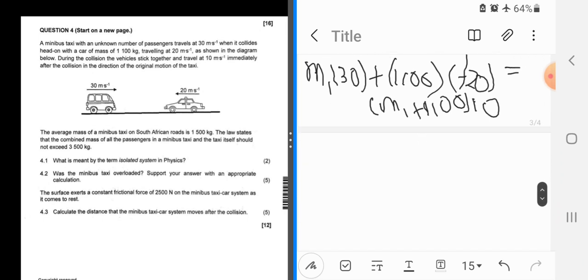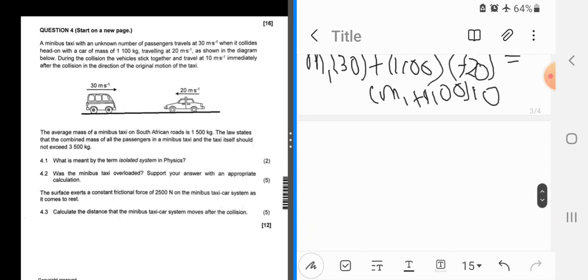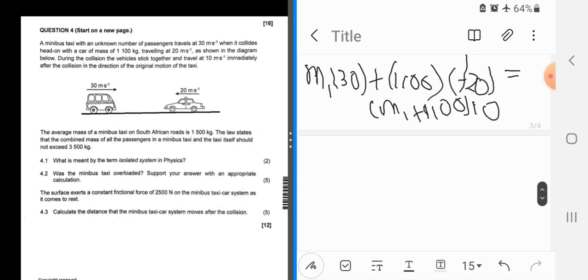I'll show you on the memo, because the space here is small and I'm trying to squeeze everything in.